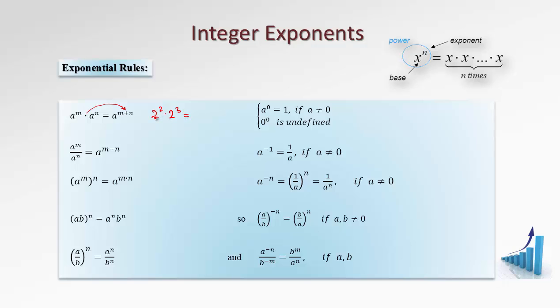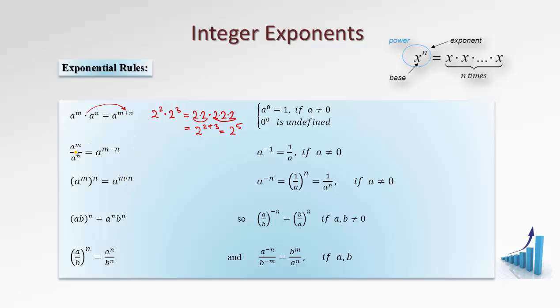This tells us to take two 2's, 2 times 2, and multiply it by 3 2's. So we really multiply 5 times the same 2. We multiply the 2 times, and then 3 more times. So we are adding the 2 plus 3, therefore this is 2 to the 5. I assume we already know those rules. This is just quick recollection.